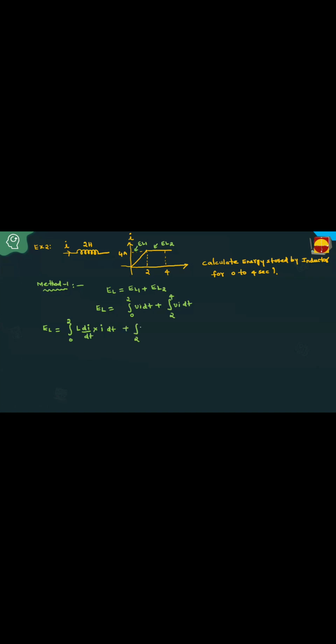Plus integral 2 to 4. What is V equal to? L into di by dt, into I into dt. This dt cancels. Then what is the energy stored by the inductor? Students, L is common: integral 0 to 2 I di plus integral 2 to 4 I di.